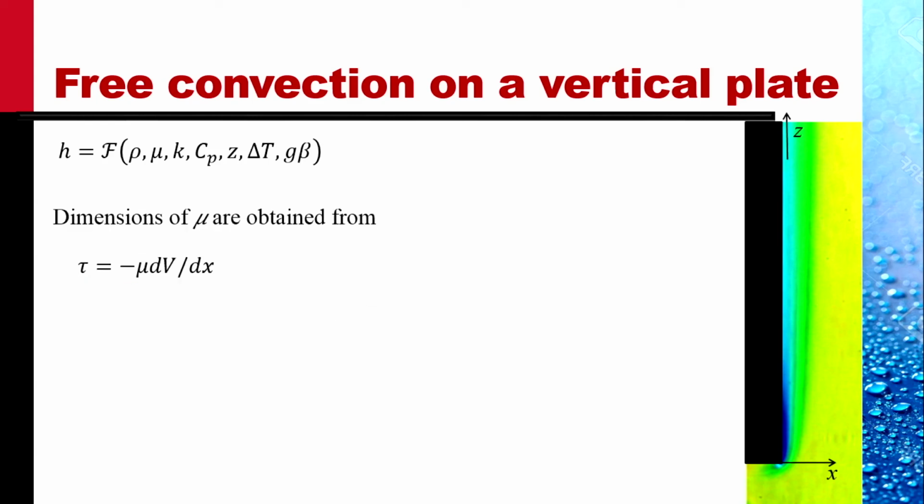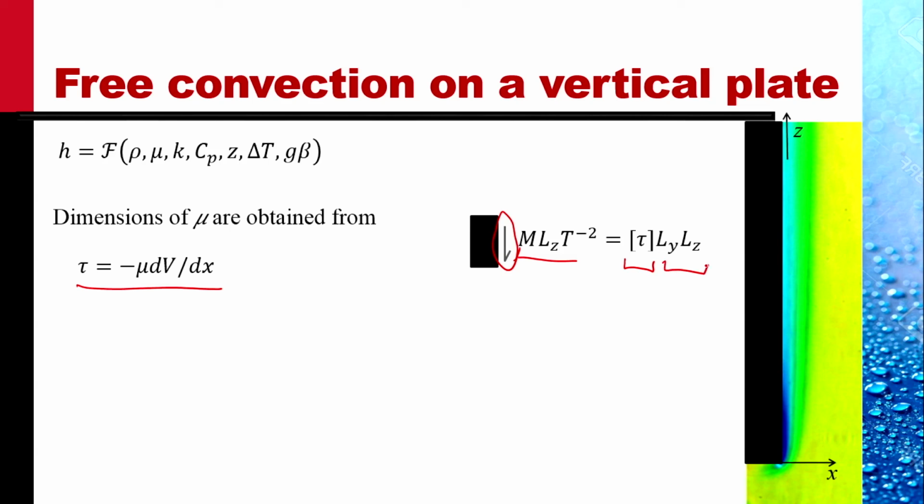Dimension of mu are obtained from Newton's law of viscosity, tau is equal to minus mu dV by dx. This is the wall. The viscous force would be in that direction. So dimensions in terms of direction would be m Lz t minus 2, which would be tau, the stress, times the area, which is Ly Lz.